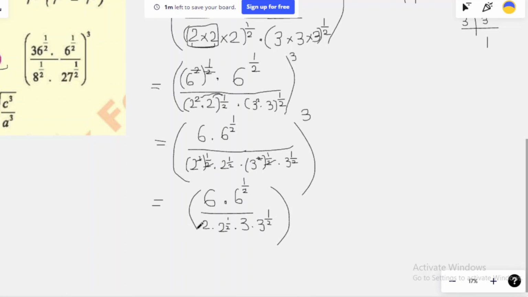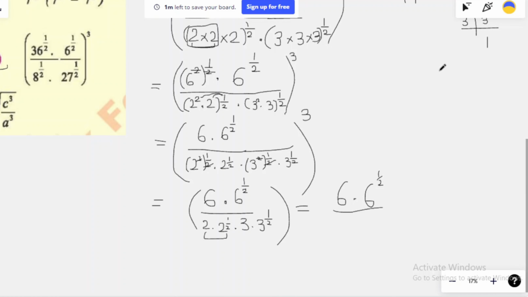What we can do here, this 6 will remain as it is, and this 6 will remain as it is right now. In the denominator we have some numbers which we can multiply, and as you know, in multiplication order doesn't matter. It's not mandatory to multiply this with this one first and then with this one. You can multiply in any order, meaning you can multiply 2 with this 3 as well.